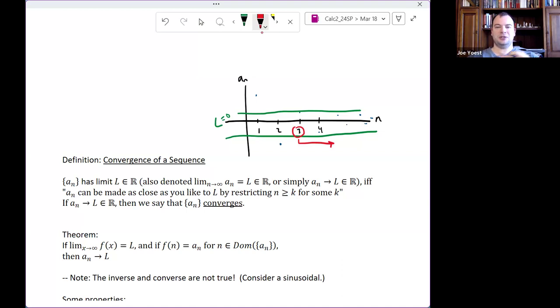If I demand that you stay closer to L, you should be able to satisfy that by picking a larger value for n and then stay that close to L or closer from that point forward.